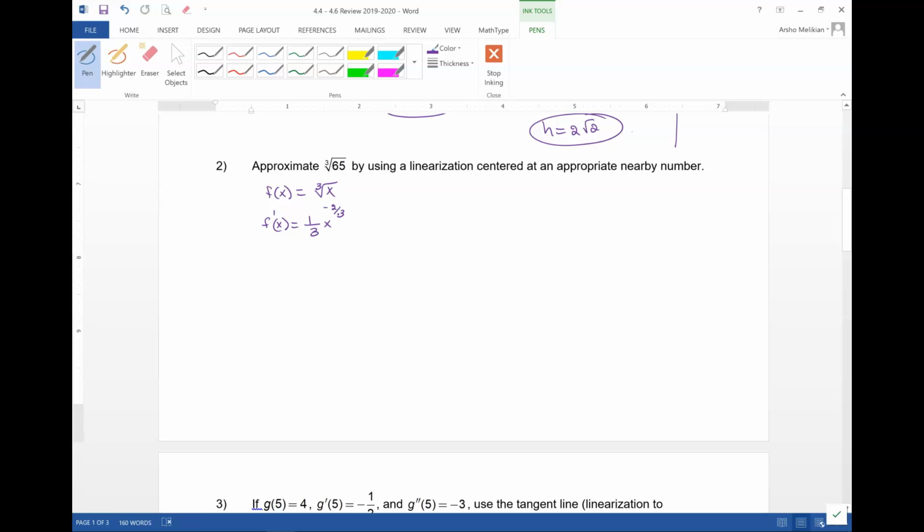Okay. And then what else do we need to do here? And how much is that?